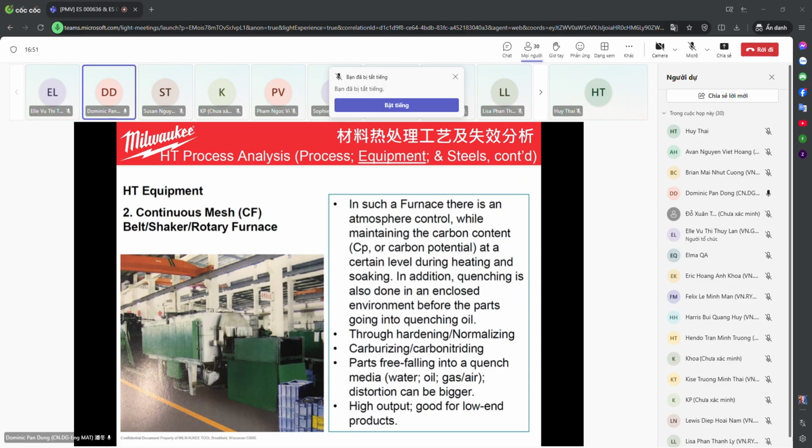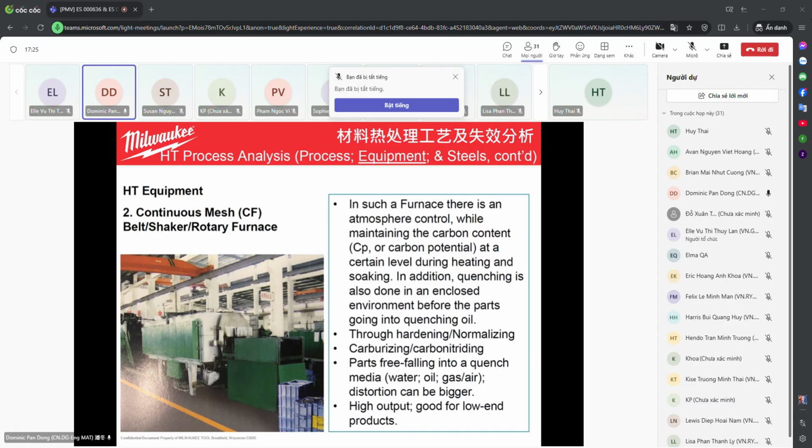The second one is the so-called continuous mesh furnace, or sometimes we say belt furnace. This furnace is simple, like a channel. The parts are loaded from the right side and unloaded to the left side. And the key is that on both sides there are no gates, so the inner parts would be directly exposed to the outside atmosphere, or we say air.